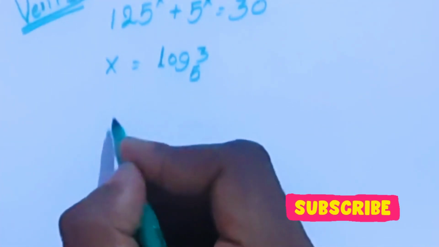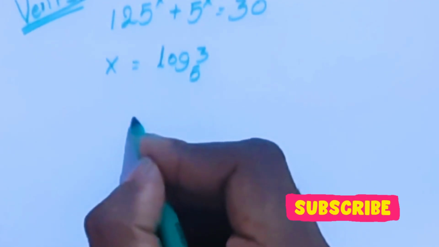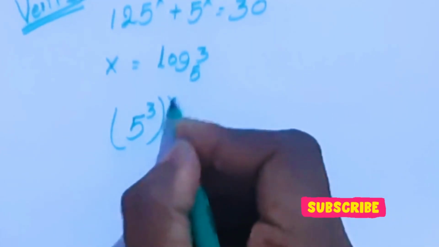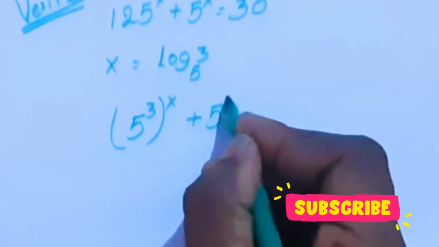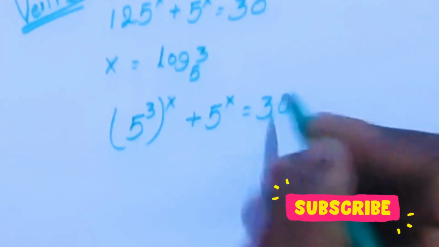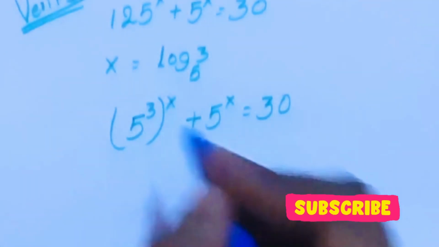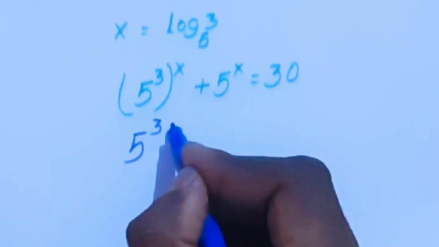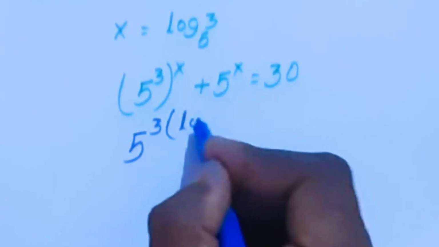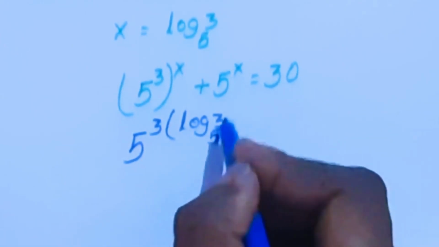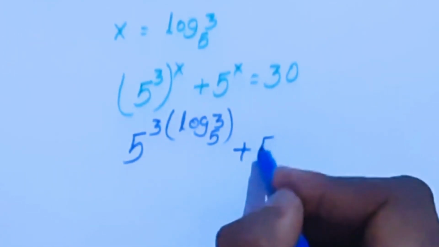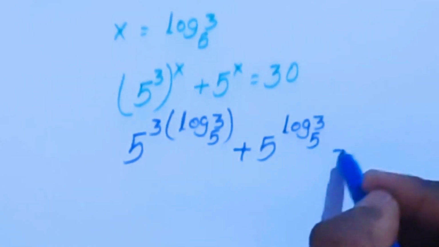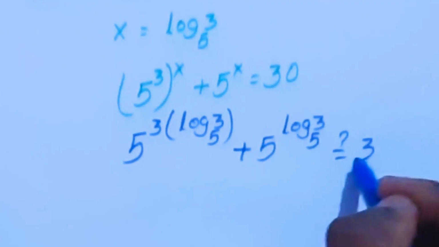So this 125 can be written as (5 power 3) whole power x plus 5 power x equal to 30. Here we are going to apply the x value. So 5 power 3 times log 3 base 5 plus 5 to the power of log 3 base 5 equal to 30.